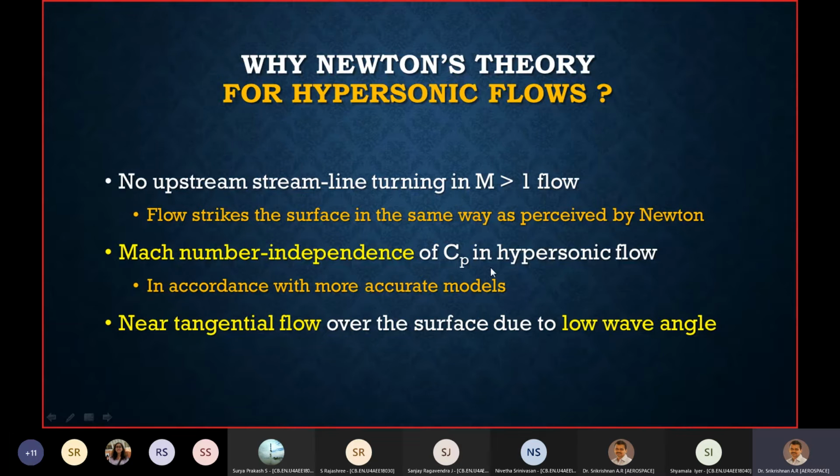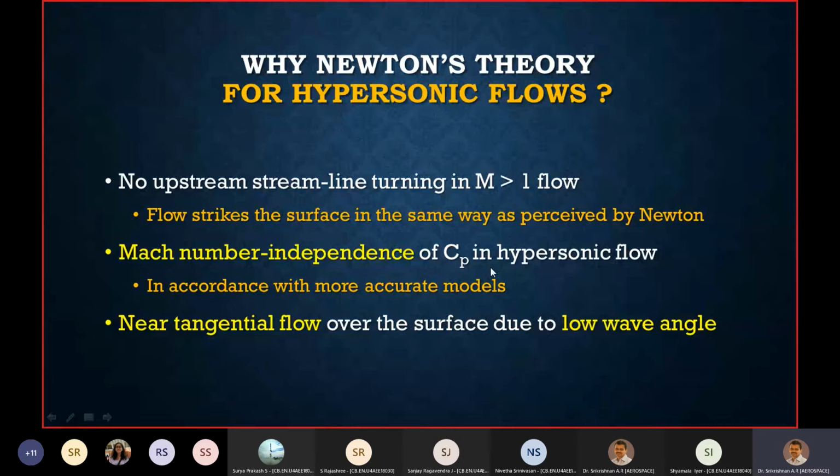So I'm just extending the terminology to the theory. It's not that Newton argued this, but what we see today is that Mach number independence is in line with what Newton happened to assume in the case of normal fluid impact. So that is another thing in favor of hypersonic flow. Now please note, the first one is true for supersonic and hypersonic flows, but the second one is true only for hypersonic flows.